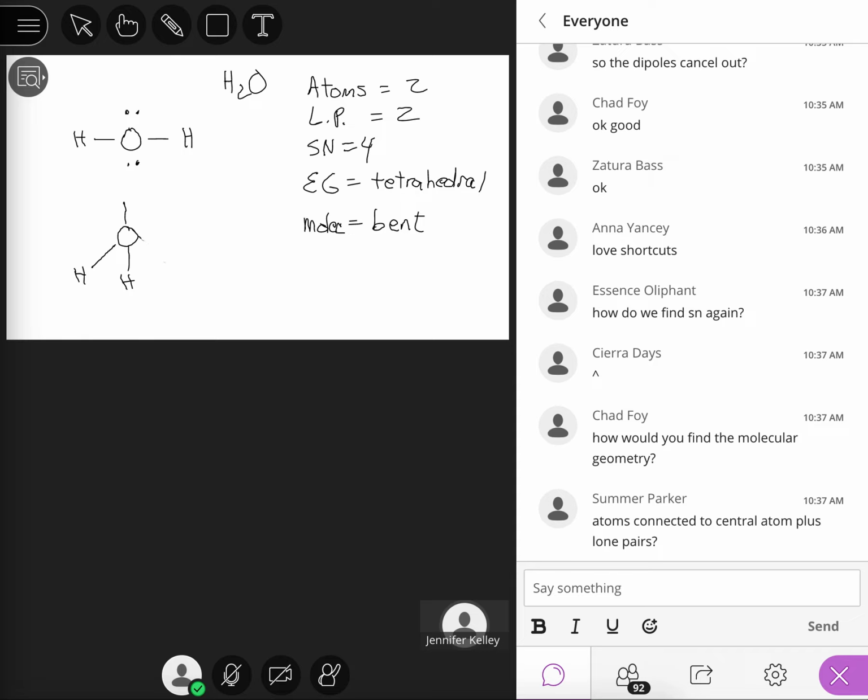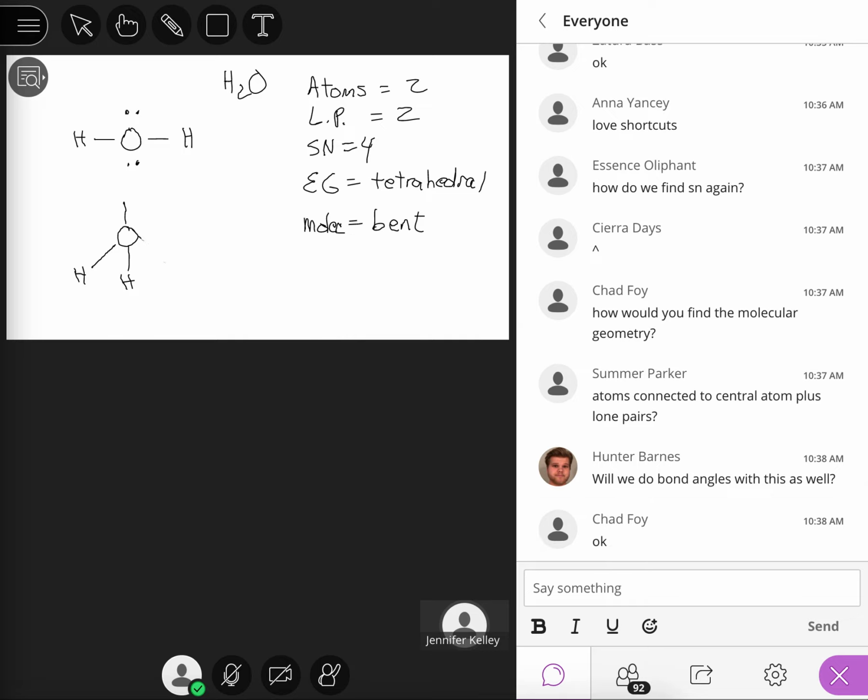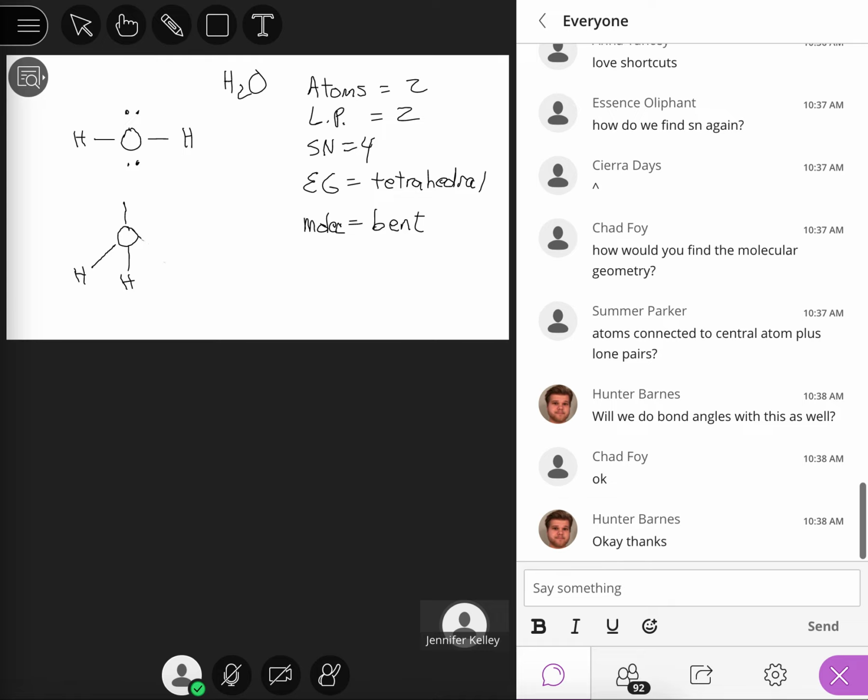If it's not 5.1, it's 5.2. It's toward the bottom of that section, or if you're in a regular textbook, it's toward the end of that section. There's a table that has all the angles and all the molecular and electronic shapes. You want to memorize all of that. Yes, you will when you're doing the VSEPR stuff.